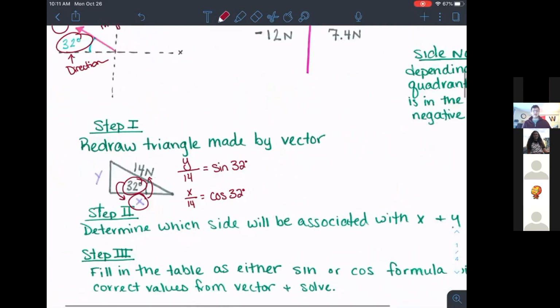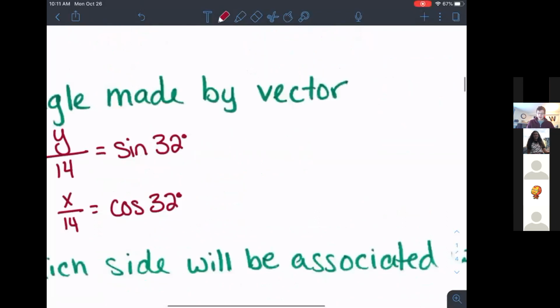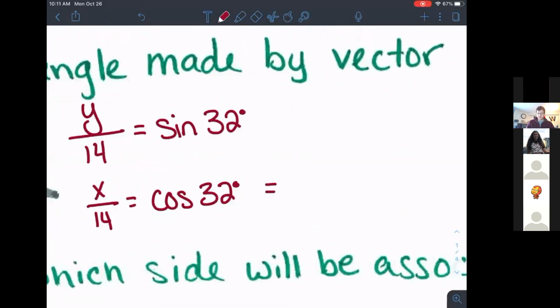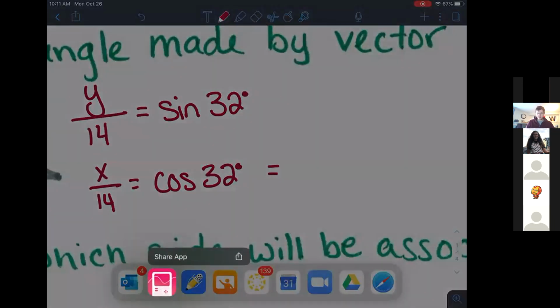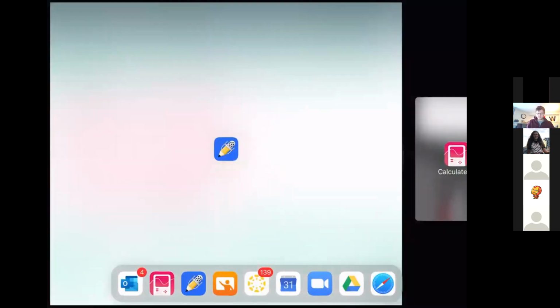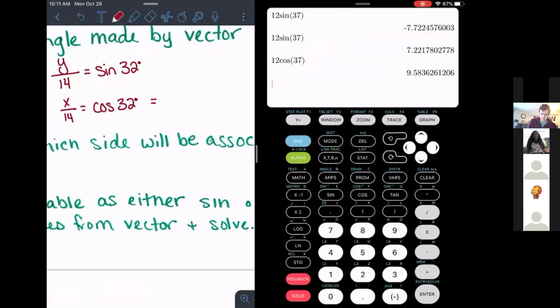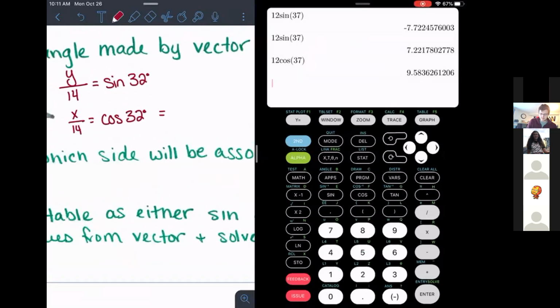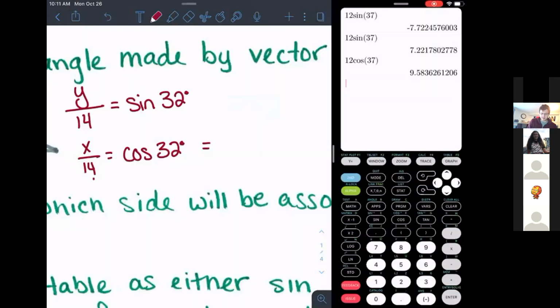Once we've drawn our triangle, we've determined where the X and the Y are going to be. We're going to use those trig functions to solve for X and Y. So when we solve those, sorry guys, we multiply our 14 to the other side.